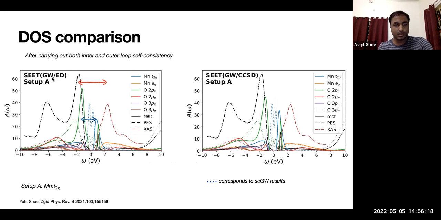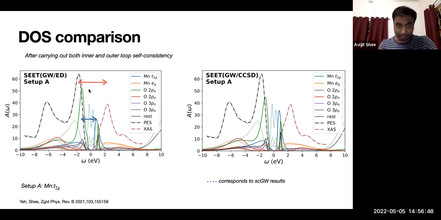Here, with the ED solver, one can see that the gap opens, but the value is quite small in comparison to experiment. Also with the coupled cluster solver, it can successfully open the gap. So this is certainly an improvement with respect to self-consistent GW, which is definitely good news.